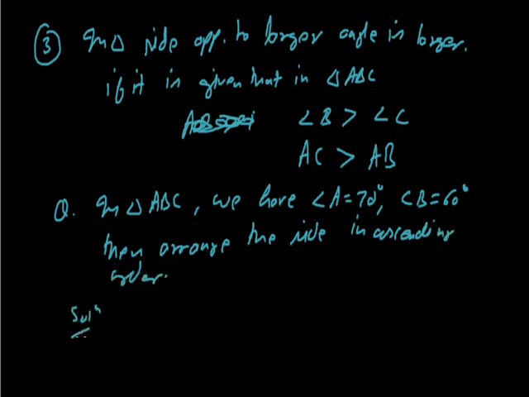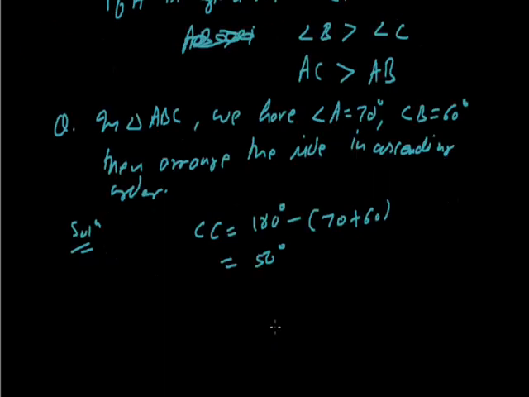To do this problem, first of all we will find the third angle. The third angle is angle C, which is equal to 180 minus (70 plus 60), which comes to 50 degrees. So first we arrange the angles in ascending order.